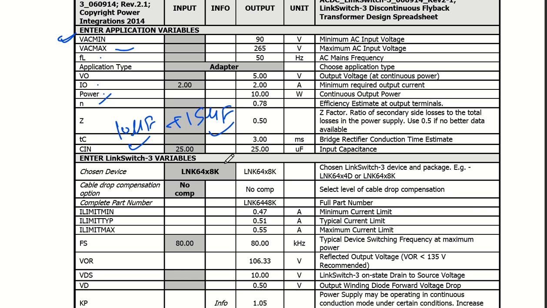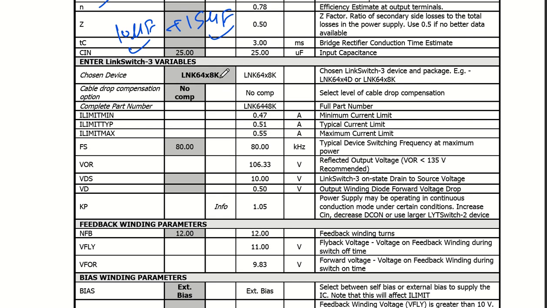Now the chosen device is LNK64X8K. X8K, so that's the reason I told you it can be 6448 or 6418. You can choose either way, both will be the same, but the complete part number they have taken is LNK6448K. This is the part number suggested by the design tool.